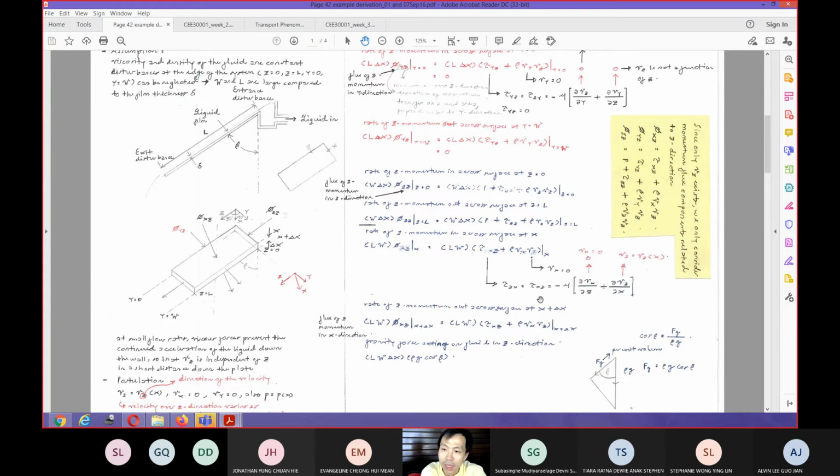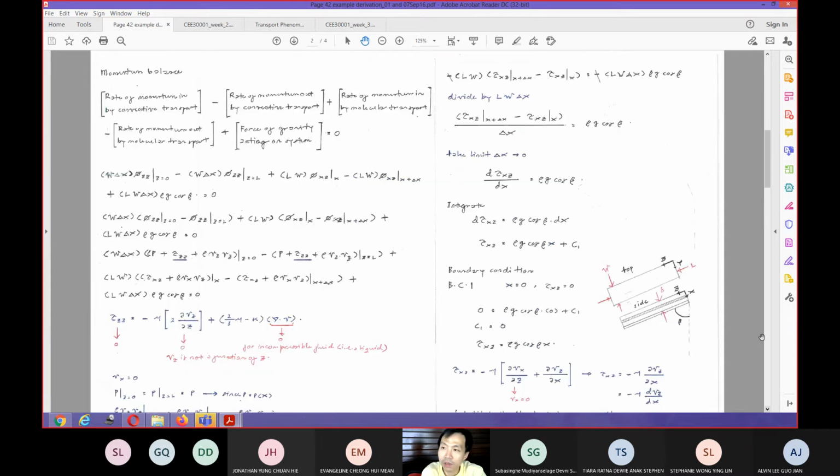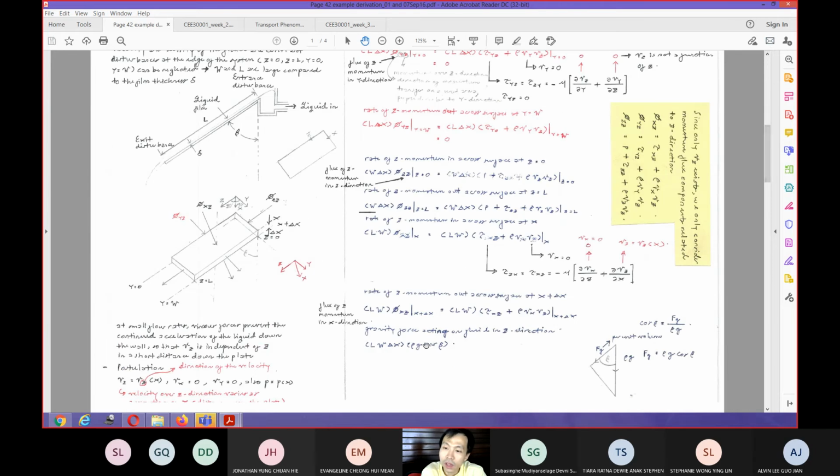Okay, so the last term that we need to inspect is the gravity force. So the gravity force acting on the fluid in the z direction. Note that the gravity force is always going to the bottom, right? So we want to know what the contributions are in the direction of z.